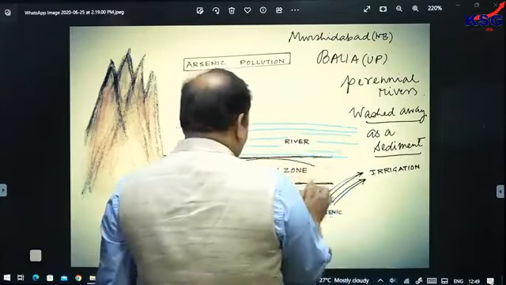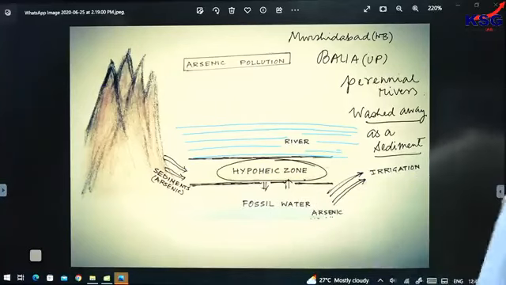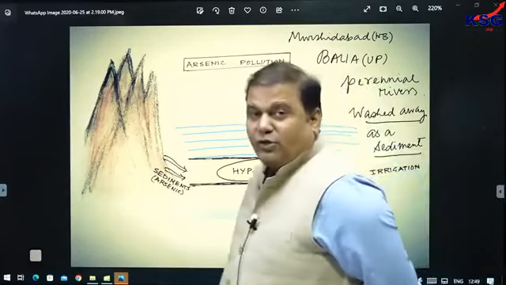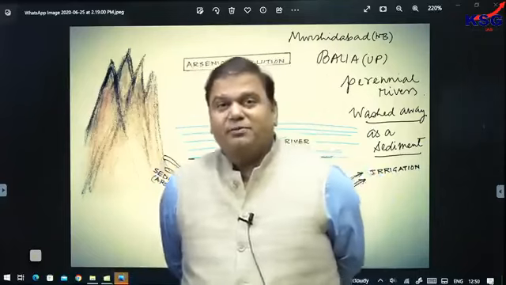Now, since the hyporheic zone, as you know very well, is connected to the underground water, it got deposited in the underground water and was within the permissible limit for drinking.